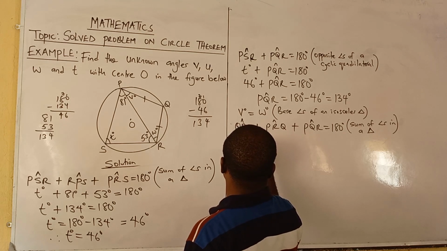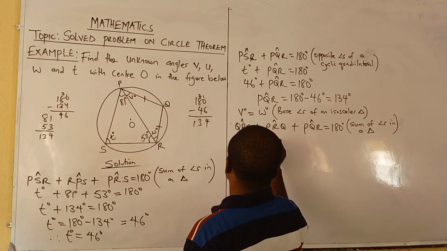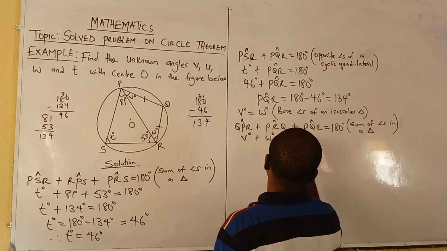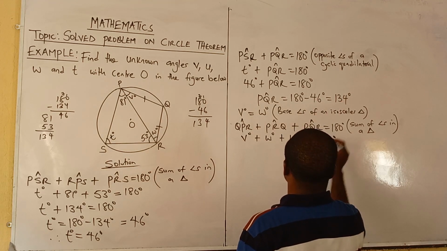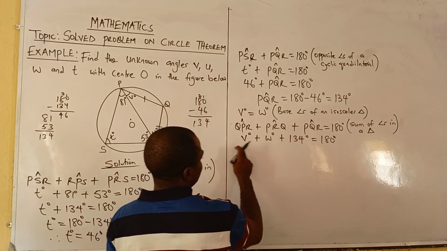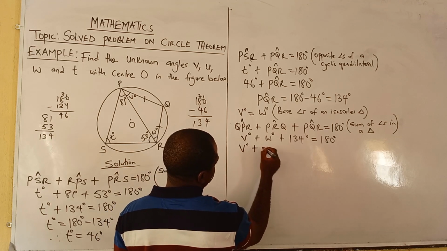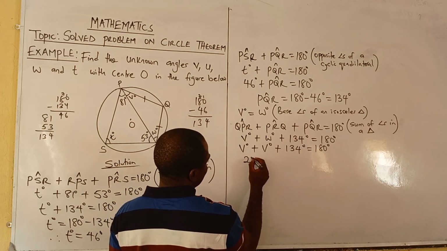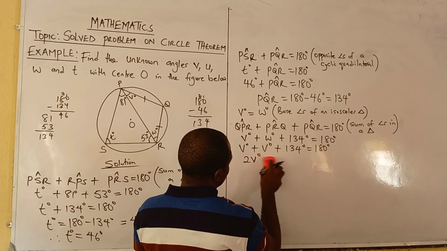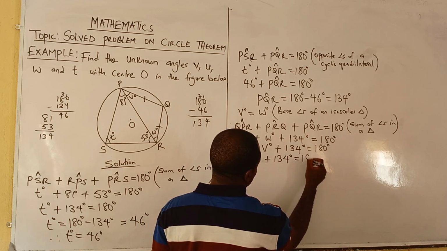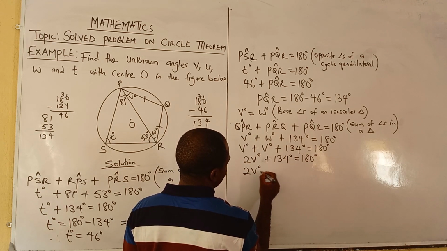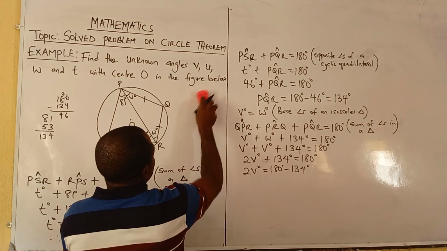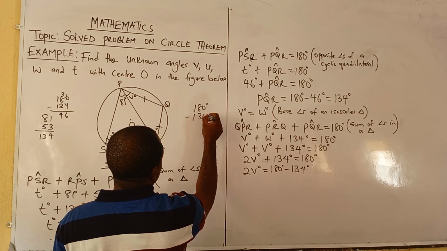QPR is V degrees, plus angle PRQ, W degrees, plus angle PQR, which we have as 134 degrees, equals 180 degrees. Since V degrees is equal to W degrees, you can replace one with the other, but I'm picking V. So V plus V is 2V degrees, plus 134 degrees equals 180 degrees. Collect the like terms. 2V degrees equals 180 degrees minus 134 degrees.